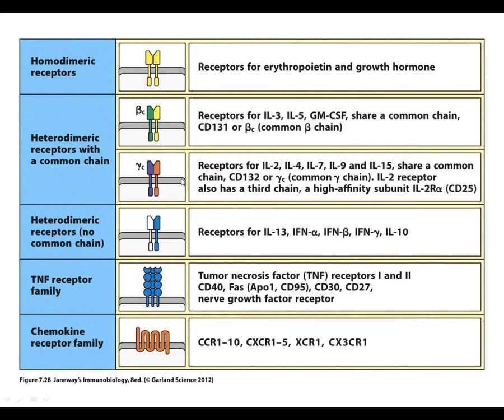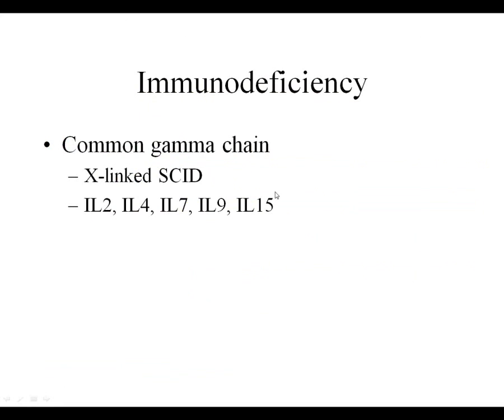But then there are some that are heterodimers, and a great example of this is a cytokine receptor where one of the chains is the common gamma chain. The common gamma chain is found on receptors for several different cytokines, of which I would probably memorize 2, 4, 7, 9, 15, and I actually think 21 is included, or at least Boss says 21 is included in that.